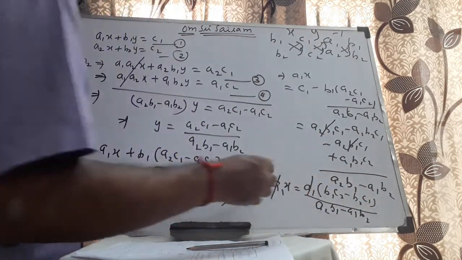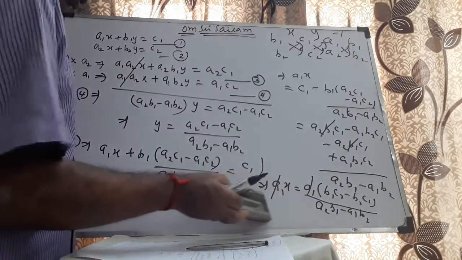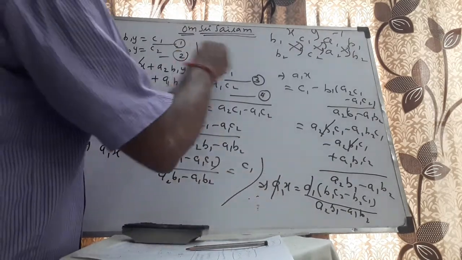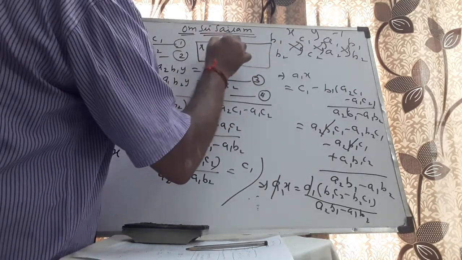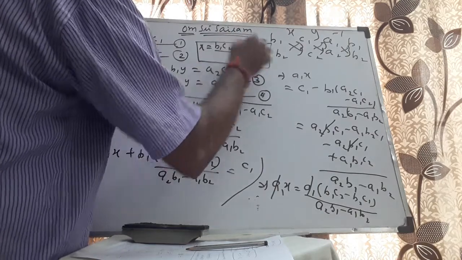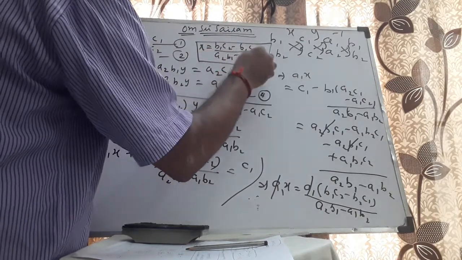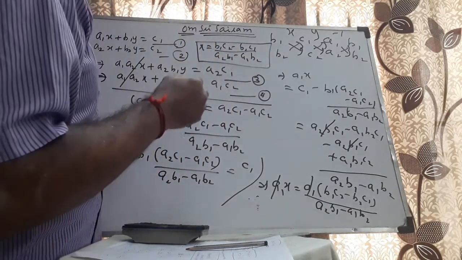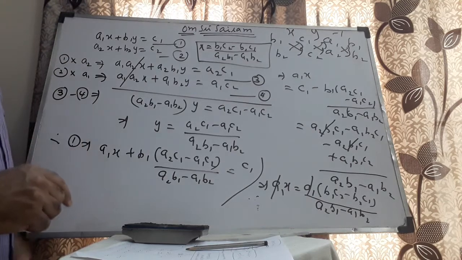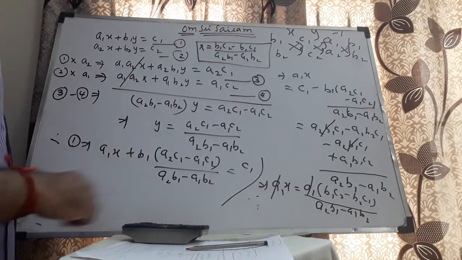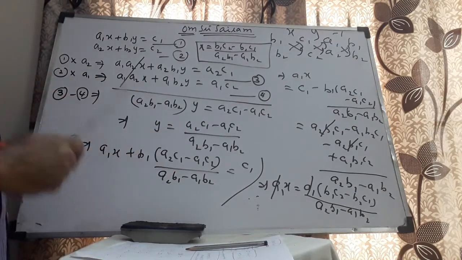Here a1 gets cancelled, which will imply, since there is no space over here, let me occupy this space. x becomes automatically b1 c2 minus b2 c1 divided by a2 b1 minus a1 b2. Just listen carefully. I'll explain once again because I'm going to rub this part and then I'll explain.